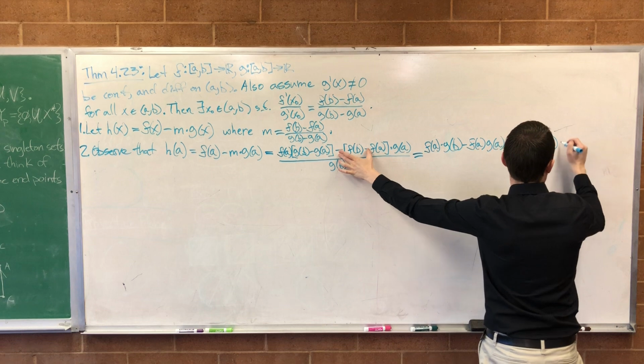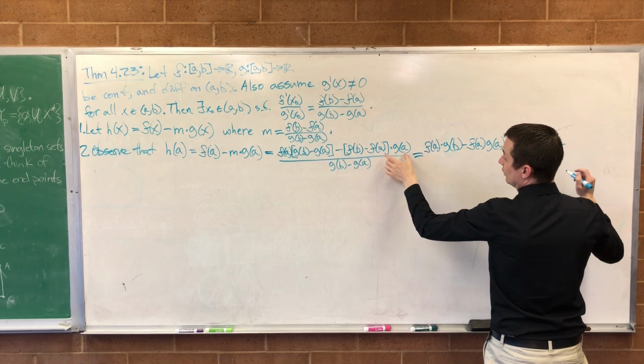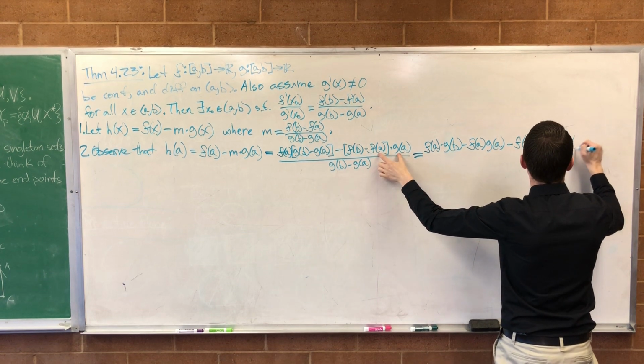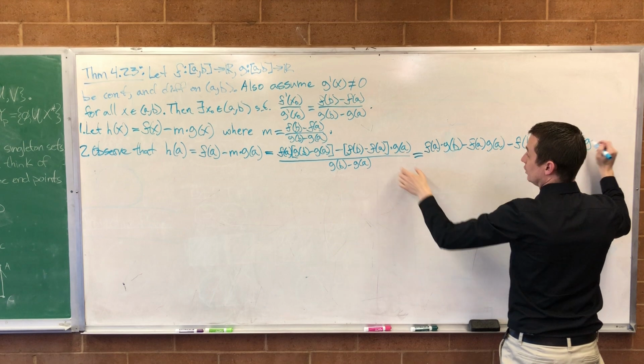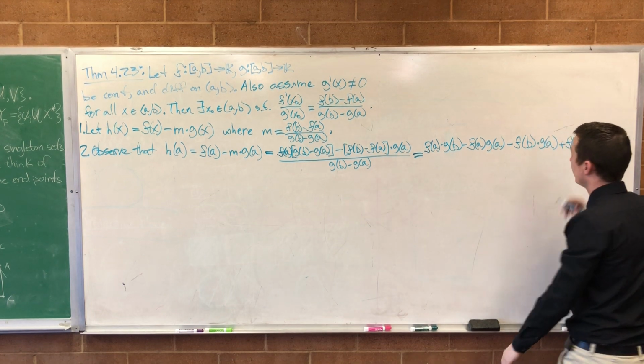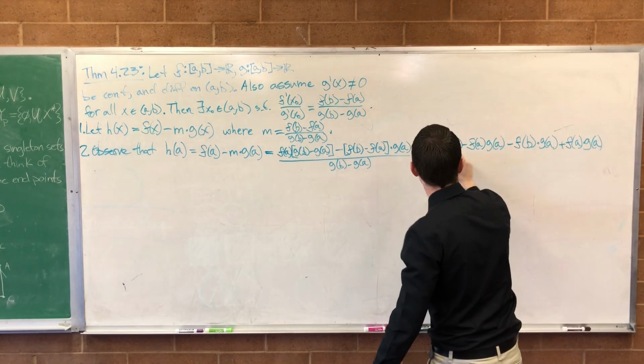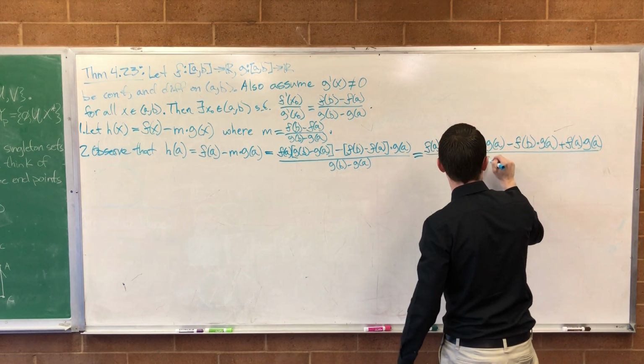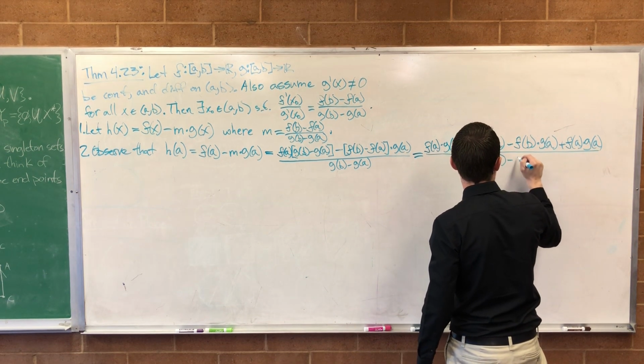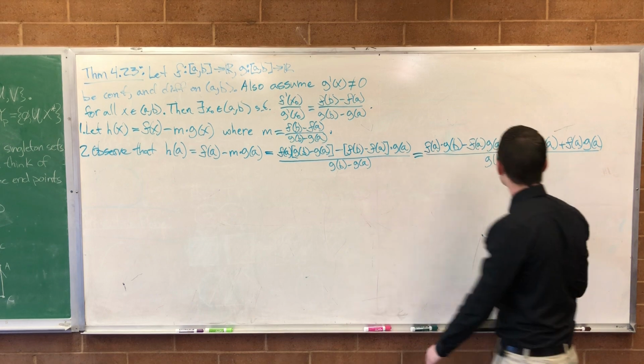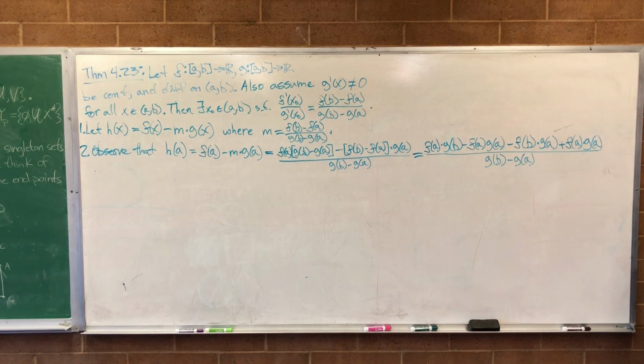And then minus and minus is going to make a plus f of a times g of a. All over g of b minus g of a. Right?